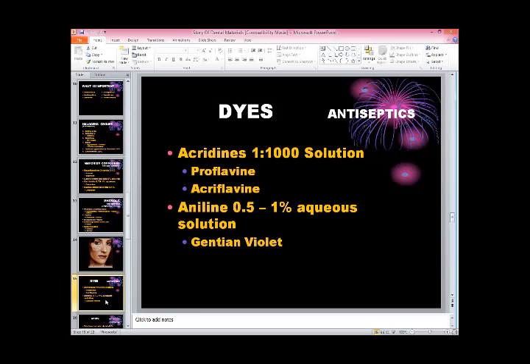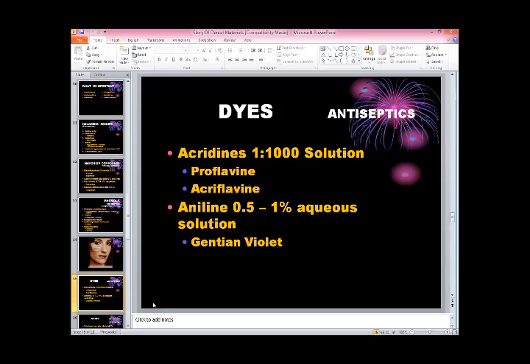And this aniline and gentian violet, we know, is a non-irritant dye, killing the bacteria, and very effective in oral ulceration. We have so many preparations available in the market against mouth ulcers, and we are using these dyes, and also as a disclosing agent.